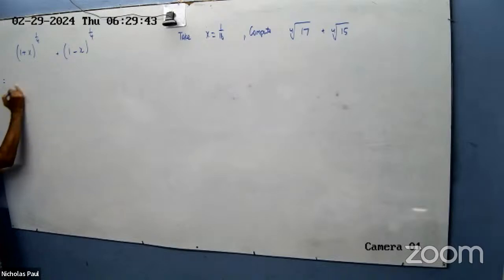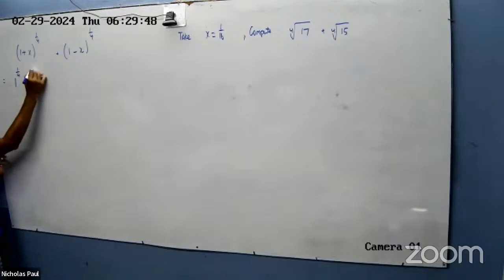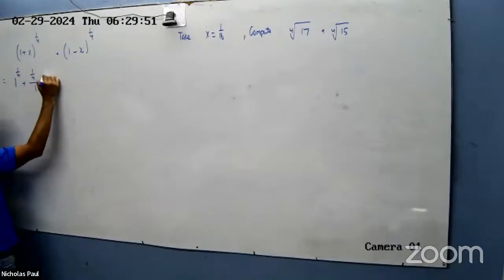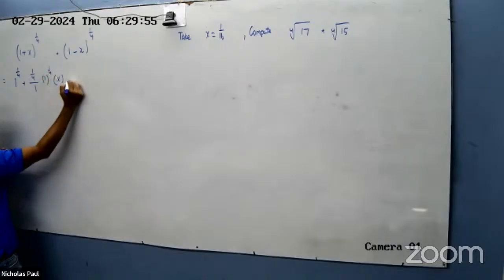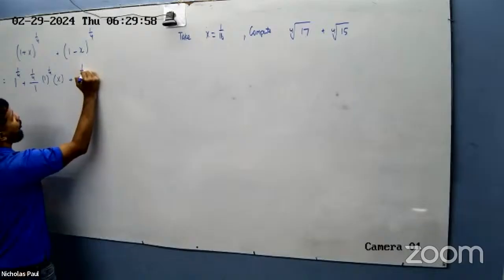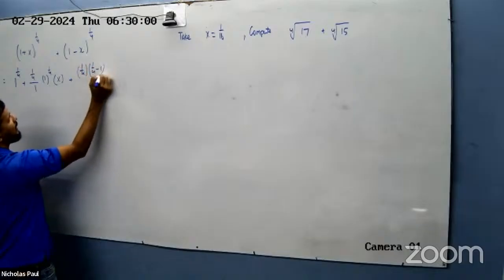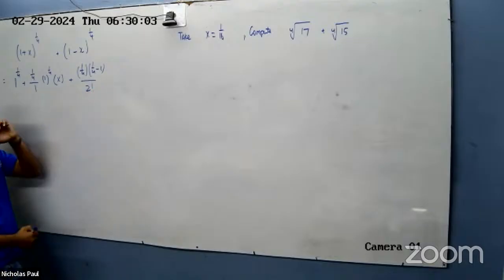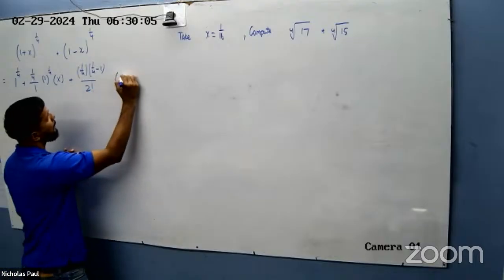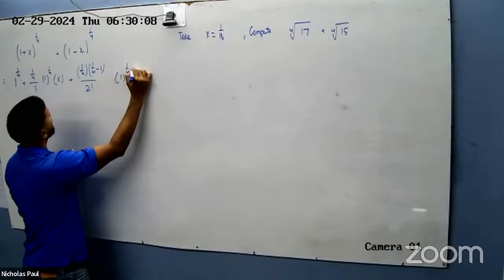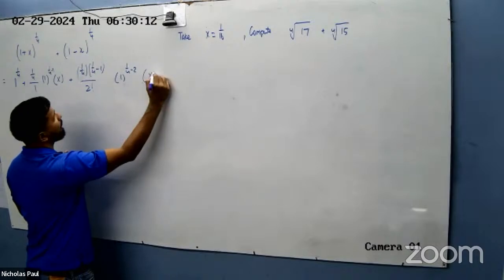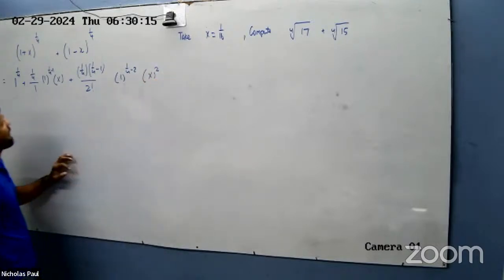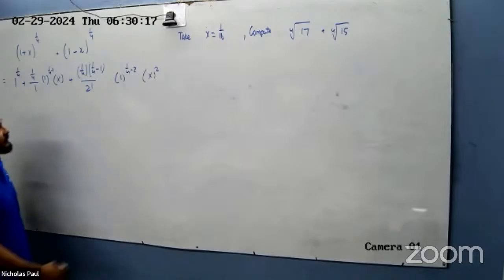Right, so here's what we have: 1 to the quarter plus a quarter C1 by 1 to the quarter by x to the 1, plus a quarter by a quarter minus 1 over 2 factorial. So that is 1 plus x.